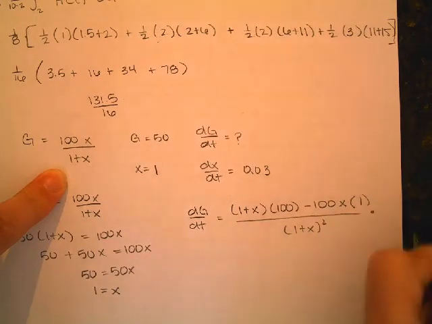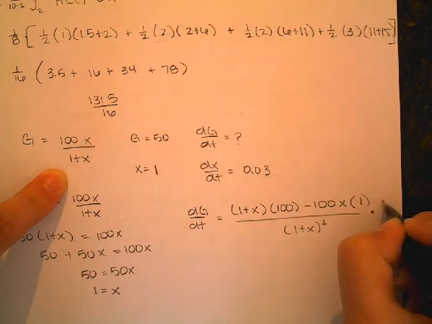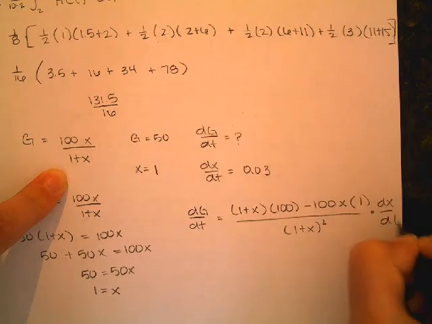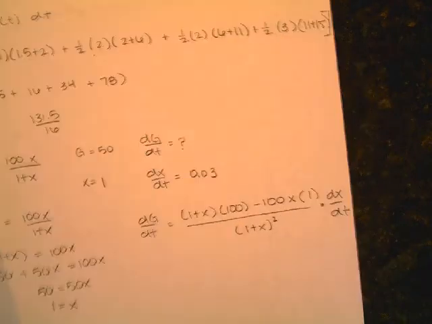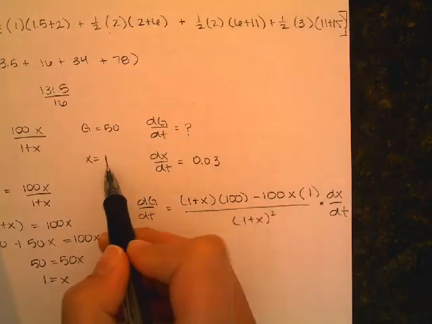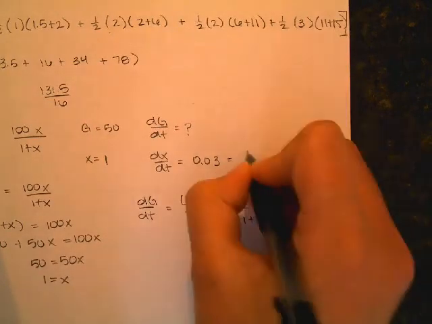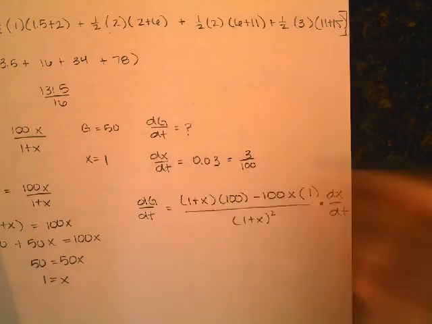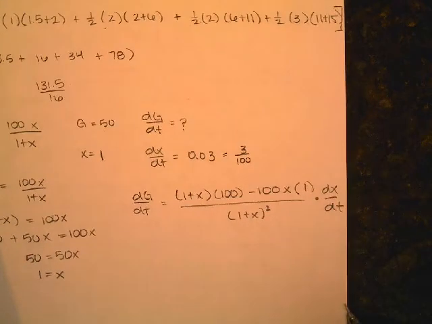All of that is multiplied by the derivative of x, dx dt. Okay, so at that point I said, okay, let's plug in everything that we have. We don't need to plug in the 50 because there's no place where the g is all by itself, but I can plug in the 1 and then I can plug in the 3/100ths. I always do fractions because for me that's a little bit easier.